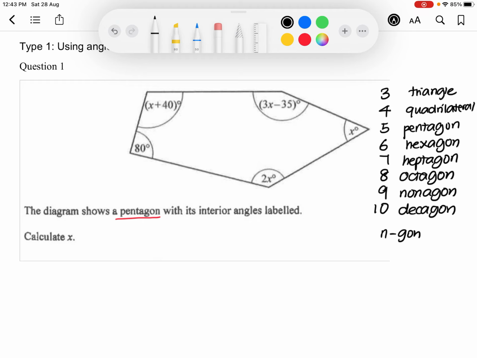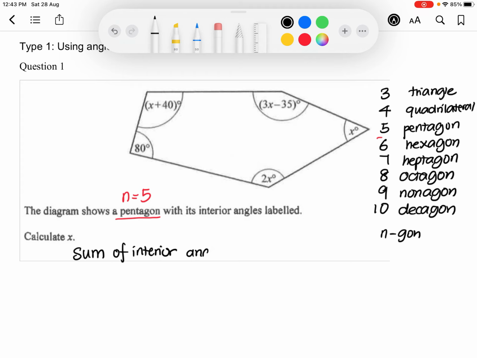In this case, the diagram shows a pentagon, so the word pentagon tells you that the number of sides is 5. It's a 5-sided figure, and we are looking at the interior angles. So we need to find the sum of the interior angles for a pentagon.